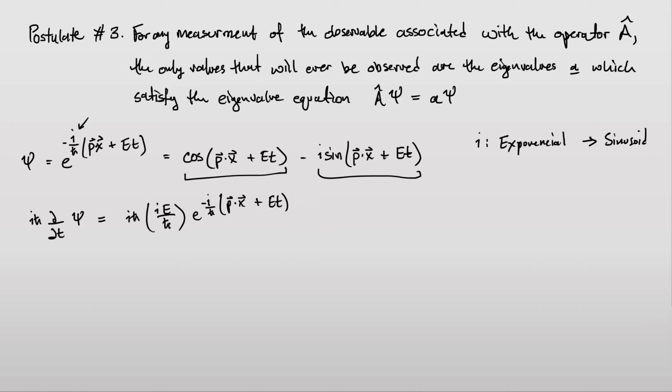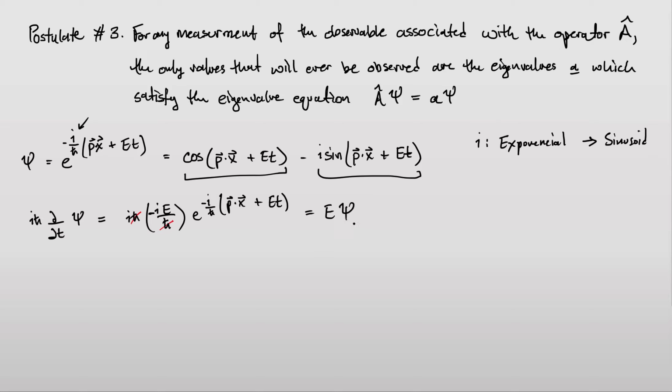And then this guy here is going to cancel, and we brought that negative out. So i times i is -1, and -1 times negative is positive. So this is equal to E psi.